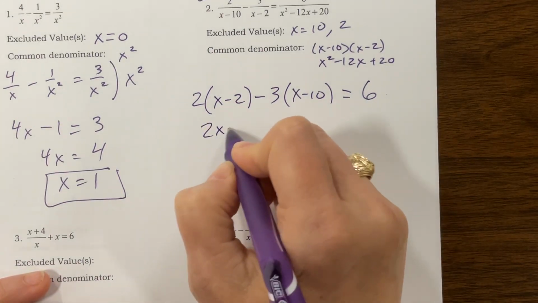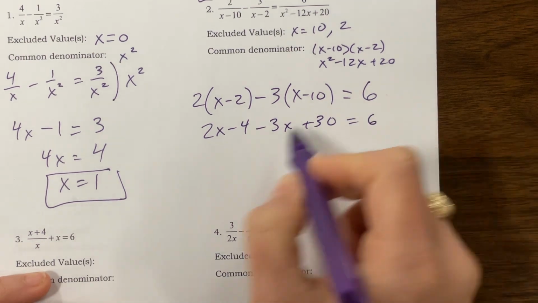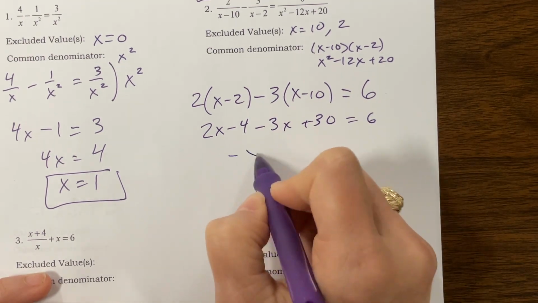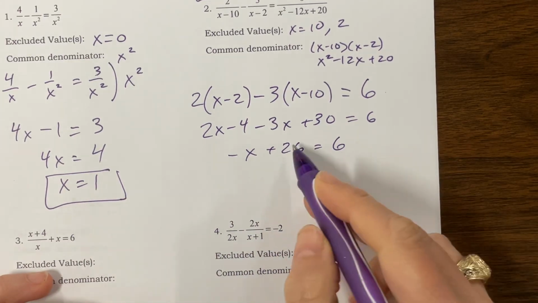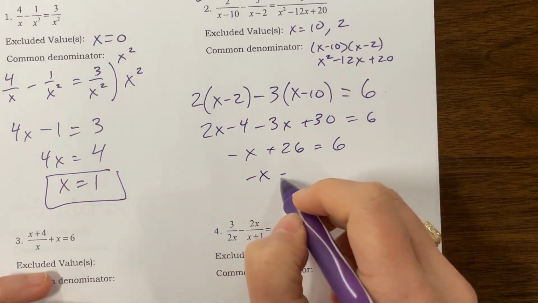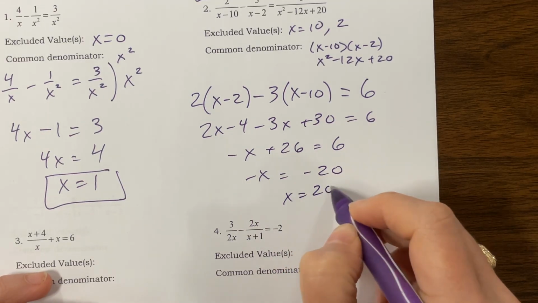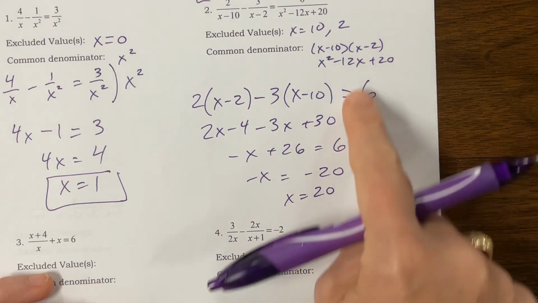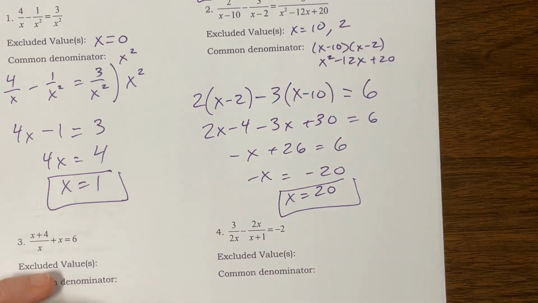Okay, I see 2x minus 4 minus 3x plus 30 equals 6. Let's see, this is a negative x plus 26 equals 6. I can subtract away 26. That gives me negative x equals negative 20. Therefore, x would equal 20. Is that a number I need to exclude? No, it is not. We're done.